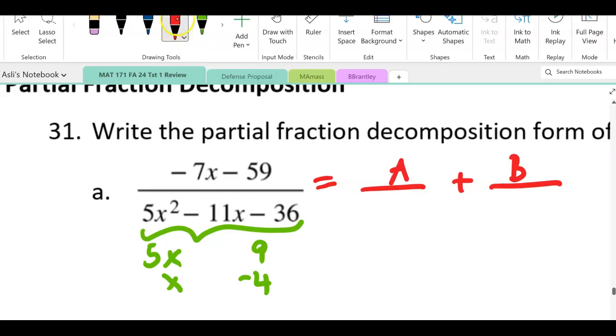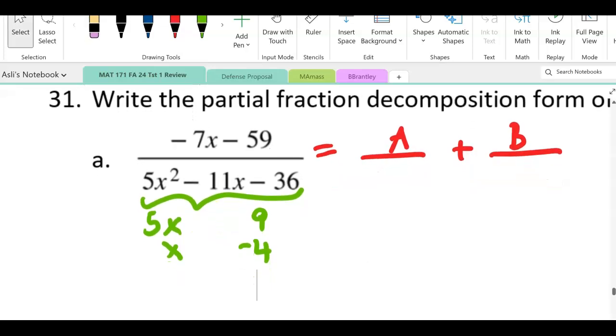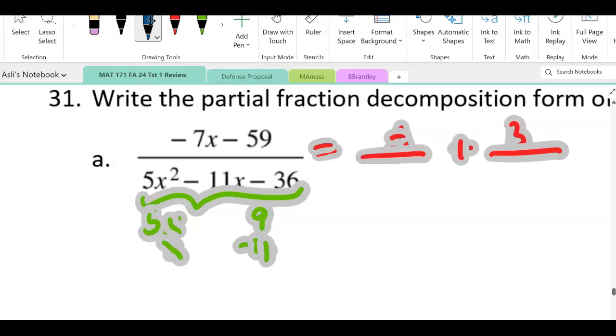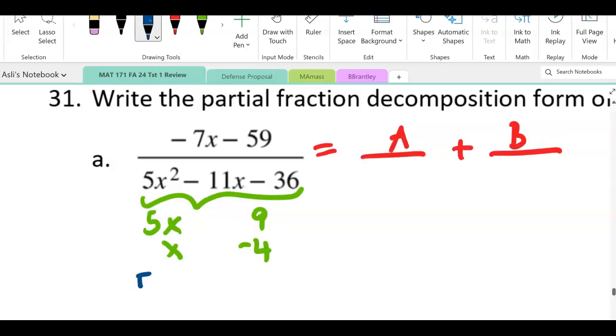So my factoring was, if I multiply these two, that's 5x squared. If I multiply these two, -36x. So cross multiply, that's -20x plus 9x, -11x. So that's true. So then the factored form will be 5x plus 9 and x minus 4.